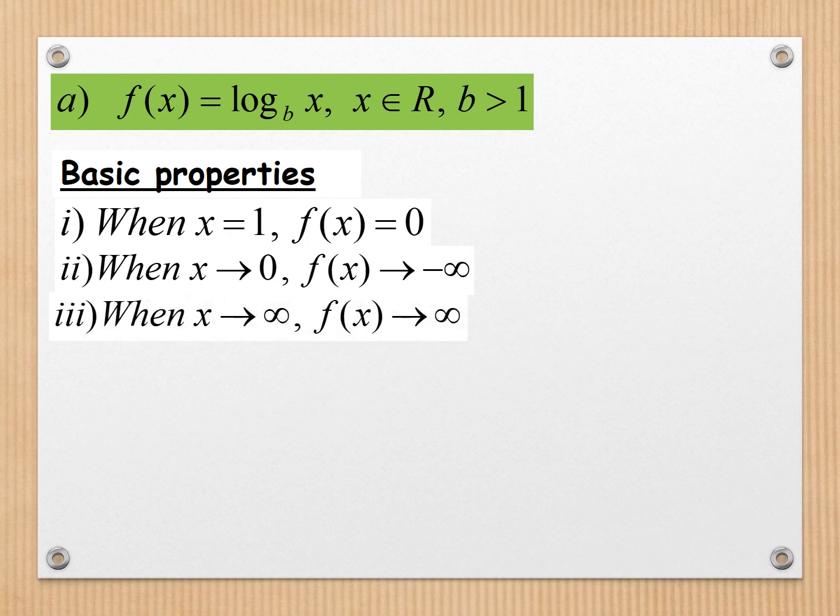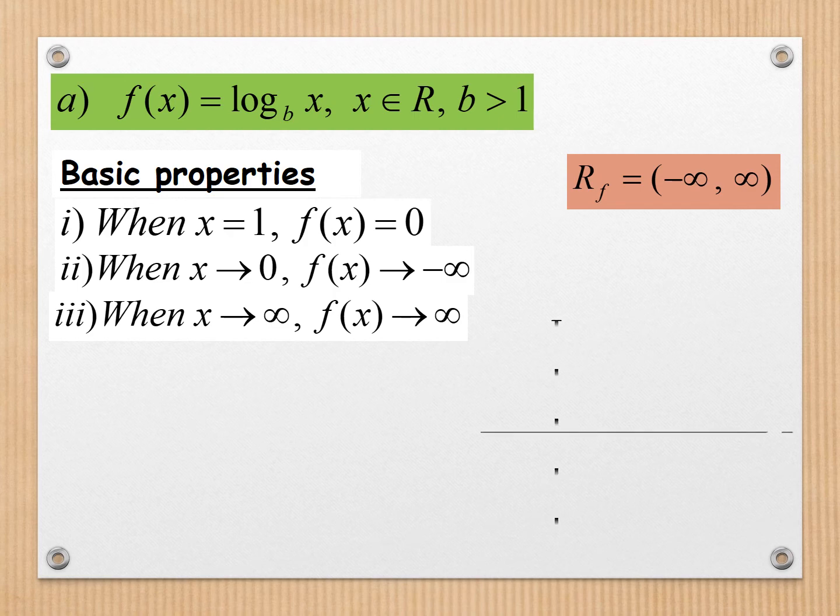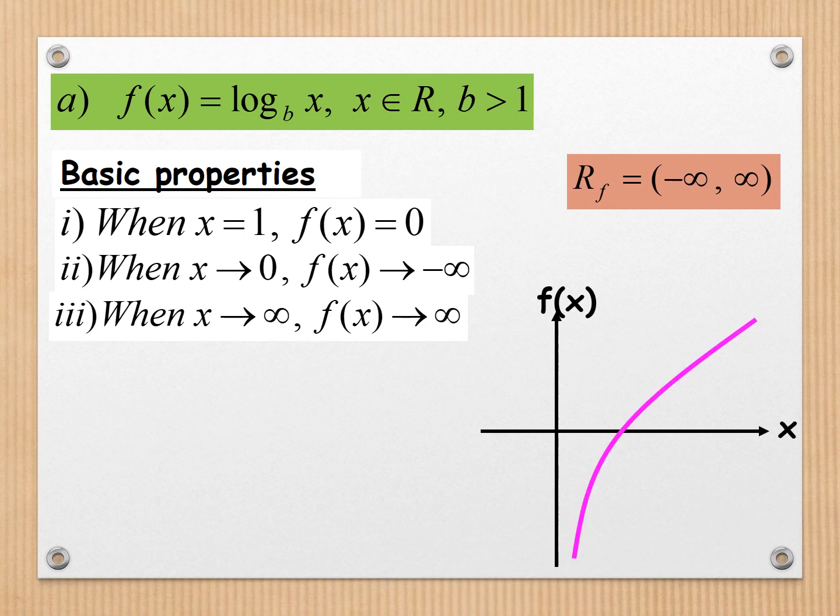The third one, when x is approaching positive infinity, f(x) is approaching positive infinity. The range of f is negative infinity to infinity. So, this is the graph of f(x) equals log base b of x with x-intercept 1.